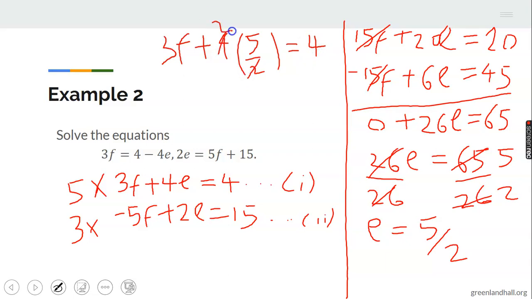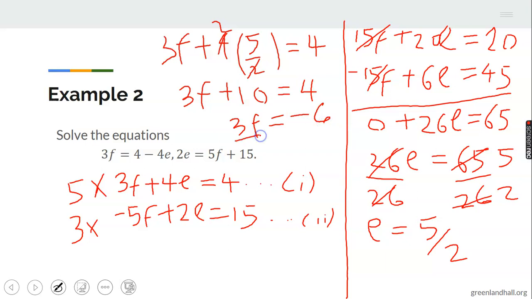This is 2, so this should be 3f plus 10 equals 4. Right? So if you collect the like terms, that means 3f equals 4 minus 10, which will give you minus 6.